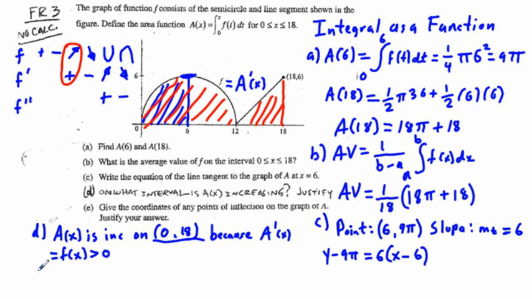Okay, now we have part E. Give the coordinates of any points of inflection on the graph of A, justify your answer. Well, what we look for is concavity. Where is the function up or down, right? And where the concavity changes.